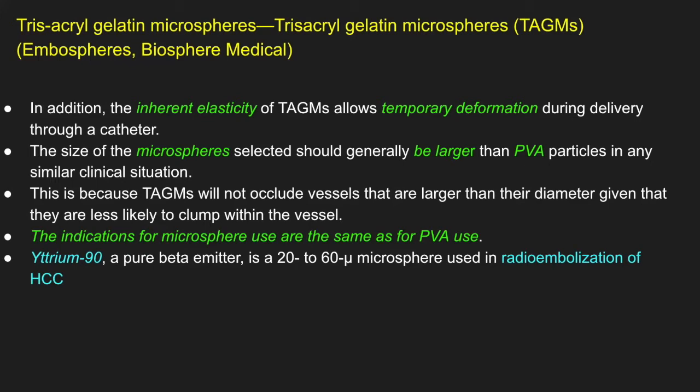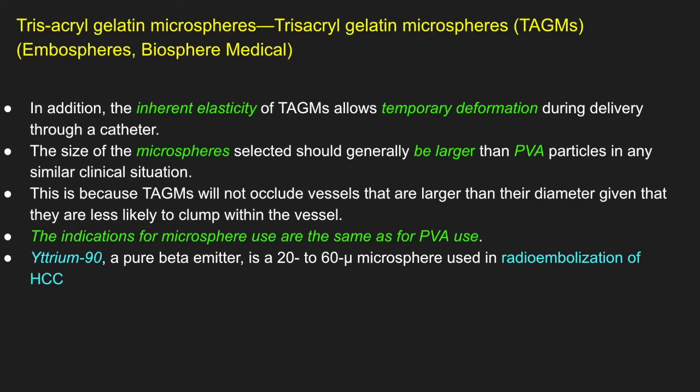They cannot aggregate or clump together, so you need them to have a bigger size than the PVAs to achieve the same desired embolization. The indications for microsphere use are the same as those of PVAs.